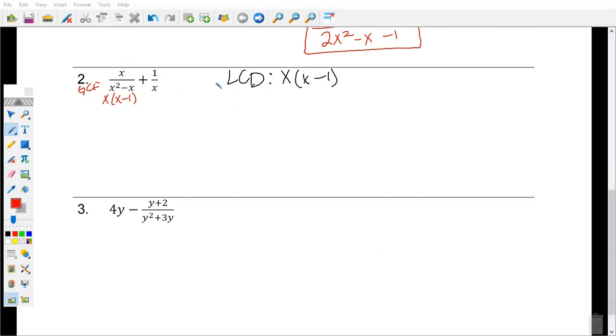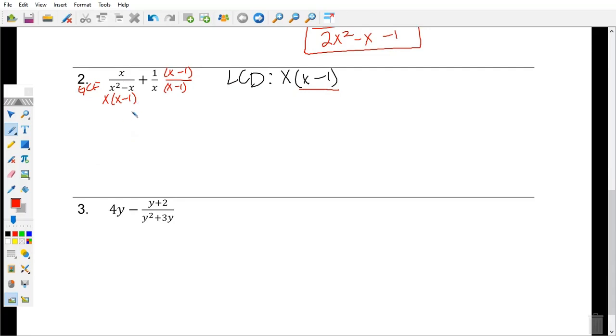But looking at the second fraction, does it look like our LCD? No. What is it missing? X minus 1. So I'm going to have to multiply the top and the bottom by x minus 1. And again, this is just 1 in disguise, right? Anything divided by itself is 1.